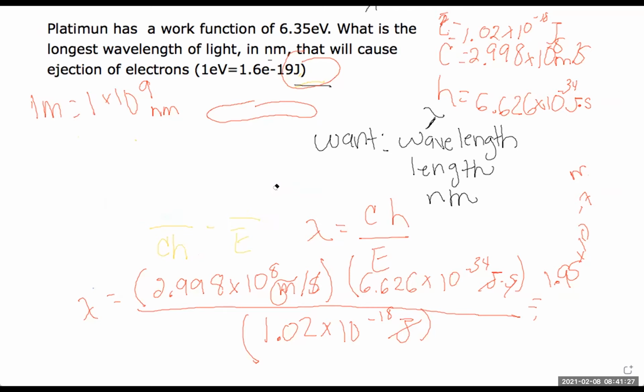You guys have seen this in Chem 1A. Units are very important and to keep track of. So we found that we have 1.95 times 10 to the negative 7 meters, that's our wavelength. Then we just treat it as a regular conversion.